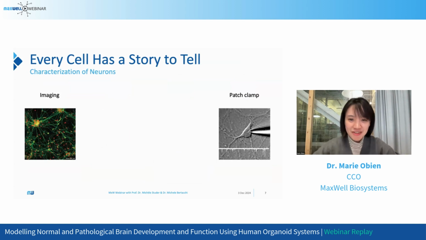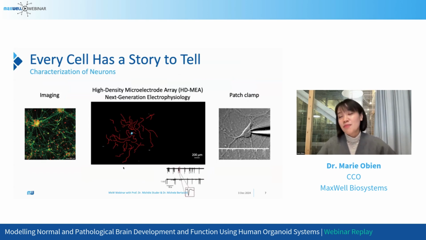Here, our motto is every cell has a story to tell. To characterize neurons, the popular approach is imaging, to see your cells, to look at the different cell types, to see how they're connecting and how they're growing. On the other side, the gold standard for electrophysiology is patch clamp. Our technology is something in between.